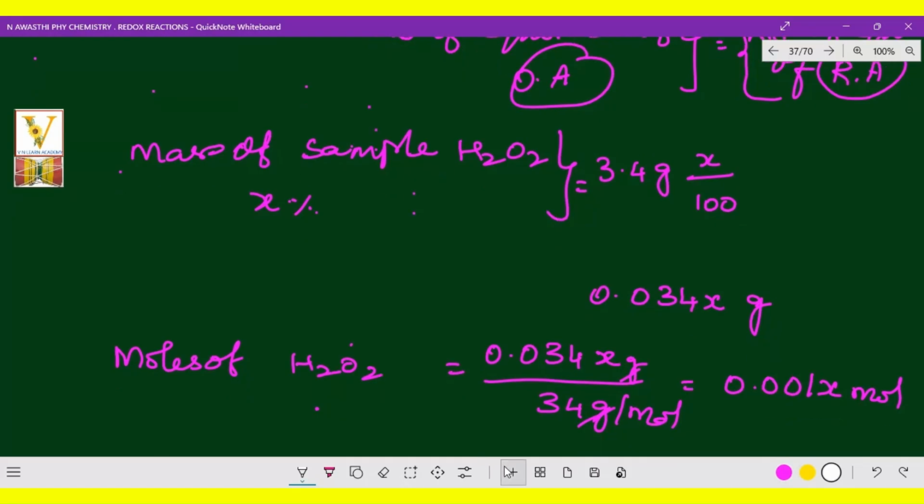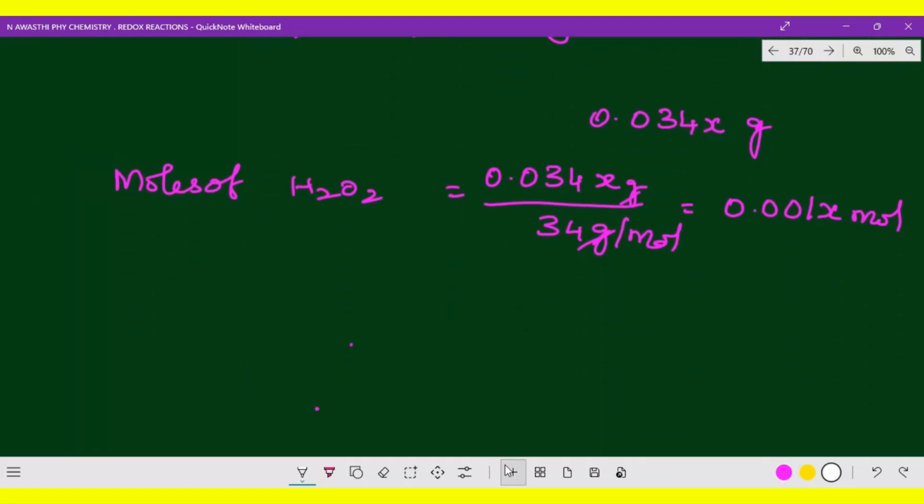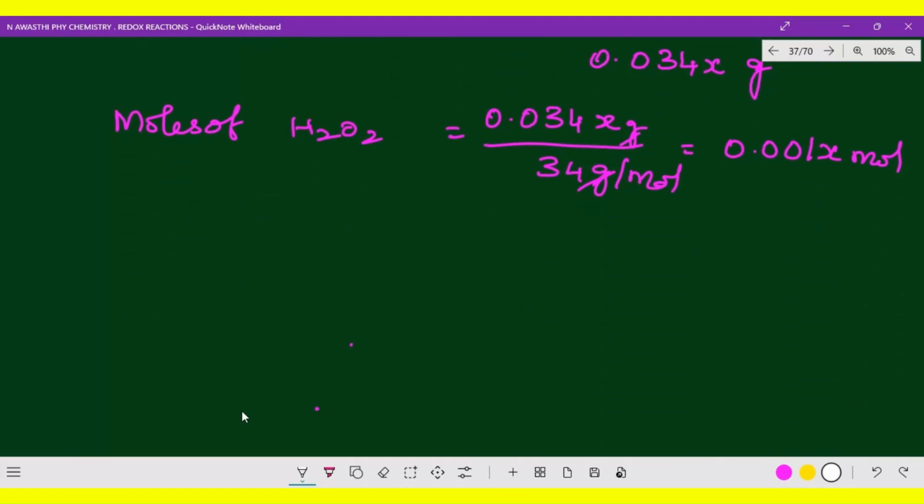Now the next point. We found the number of moles of hydrogen peroxide. Now we have to identify the moles of KMnO4, which we do not know. Let us write the equation so that you will come to know the number of moles.